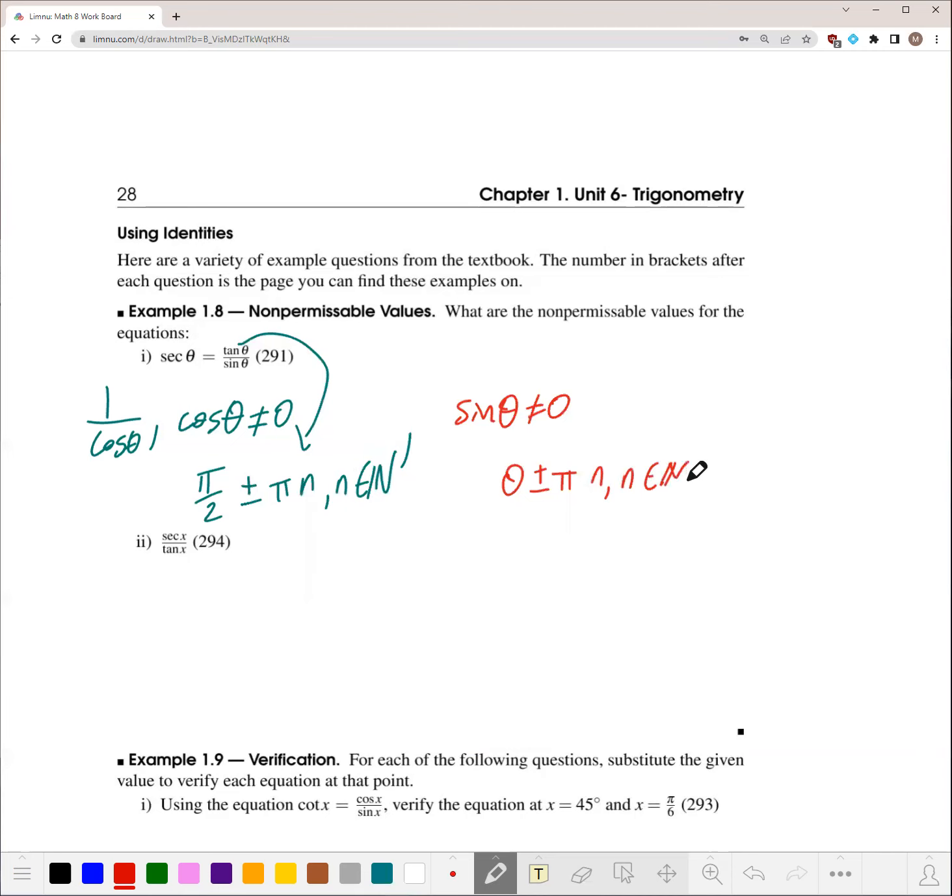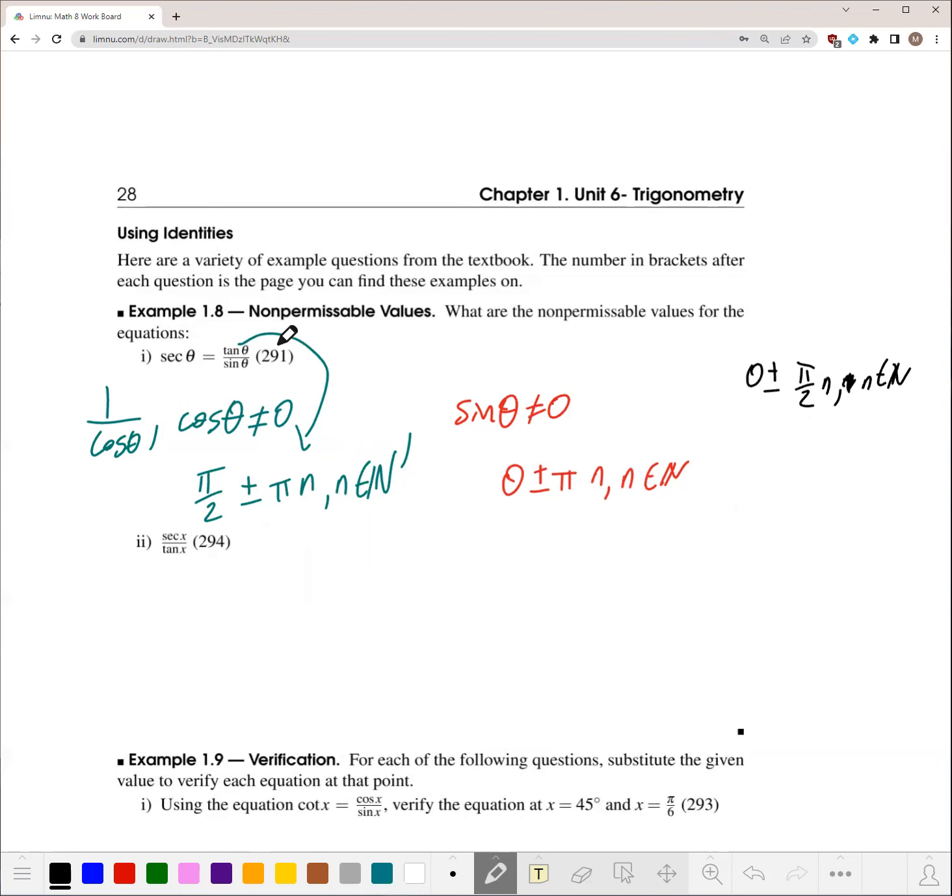Final, perhaps spicy answer I could put is 0 plus or minus pi over 2 n, where n is an element of our natural number family, because that kind of encapsulates both of them. Cool. How about this one?